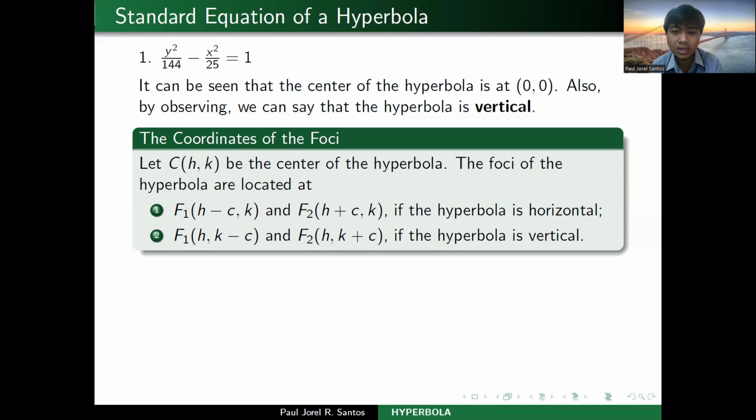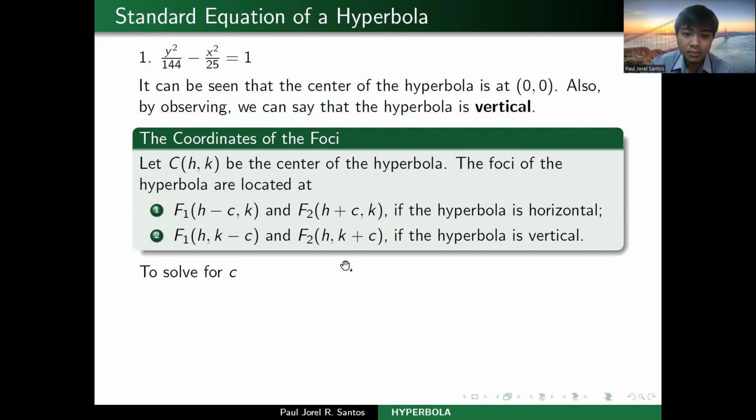The second one is the formula if the hyperbola is vertical, and we know that the hyperbola is vertical. But we do not know yet the value of c. We now know the value of h, which is 0, and k is also 0, but c is not yet known.